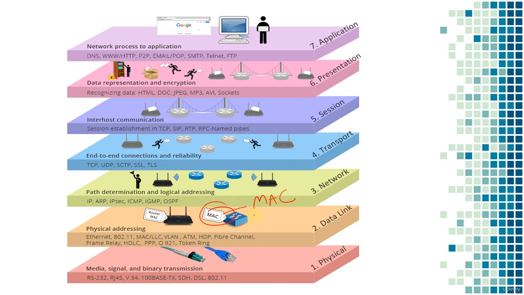So if there is any problem at the data link layer, you immediately need to go into the switches and take a look at what is going on. As you can see here, this has to do with physical addressing. It could be the router MAC, or even the switch MAC. Sorry, this is the router that is used at home, but if I'm talking about the ISP, these kinds of routers are used in an ISP. And routers also have MAC addresses.